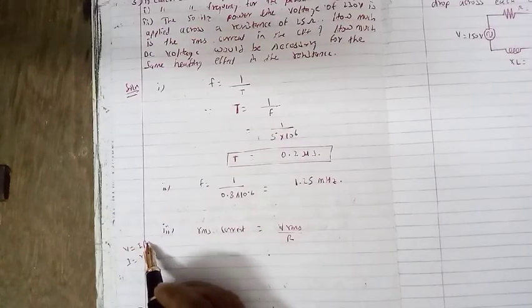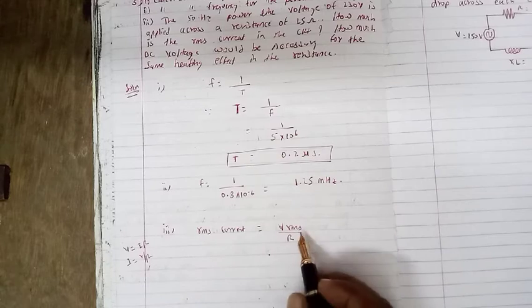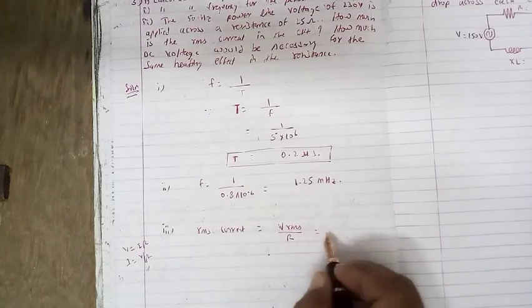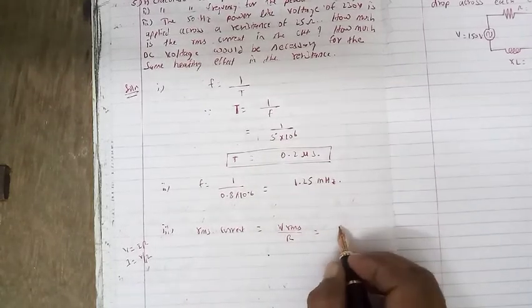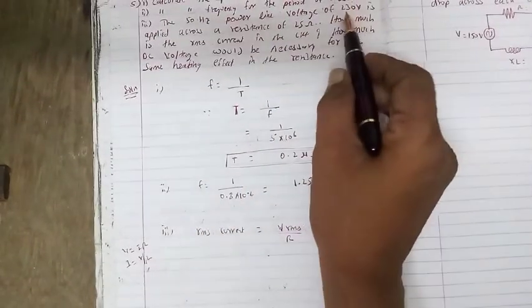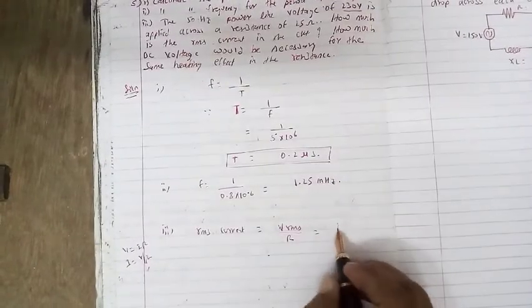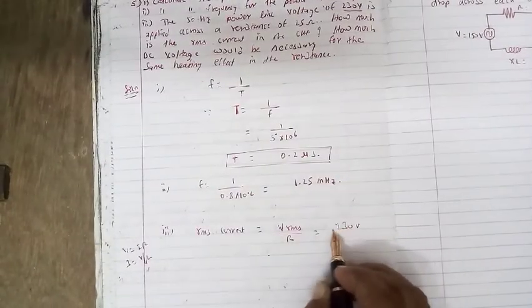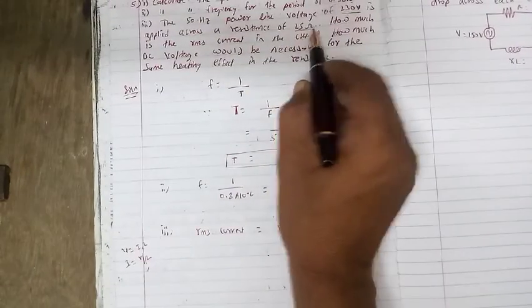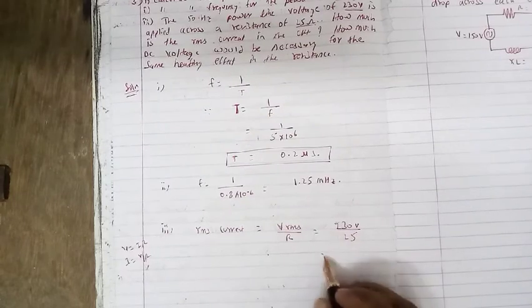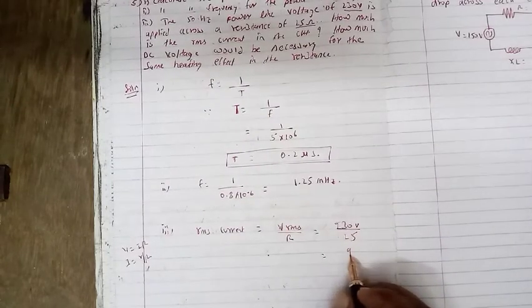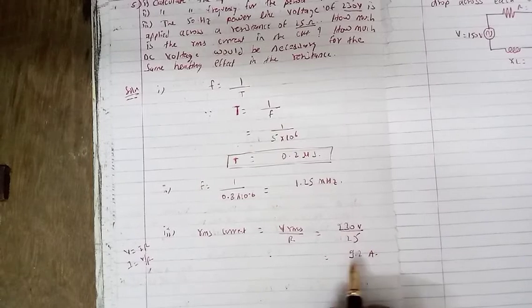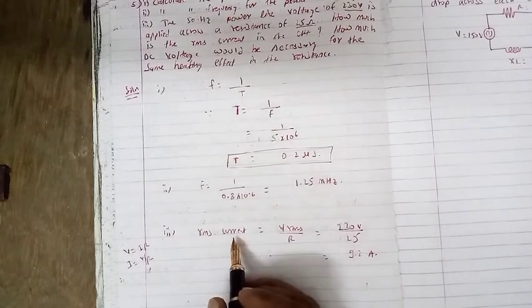Since we have to write down the RMS value, what is the RMS value for the voltage? It is a standard value given, 230 volt, so we write 230 volt here. And what is the value for the resistance? It is 25 ohms. So just write down 25, and after calculation you will be getting 9.2 ampere. So this much is the RMS current flowing in the circuit.